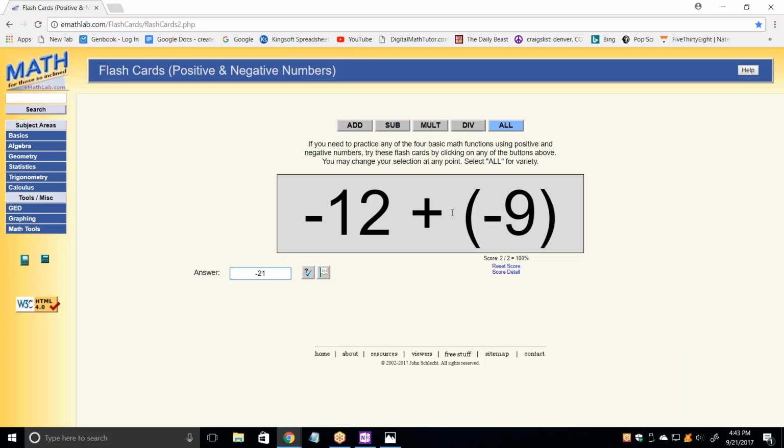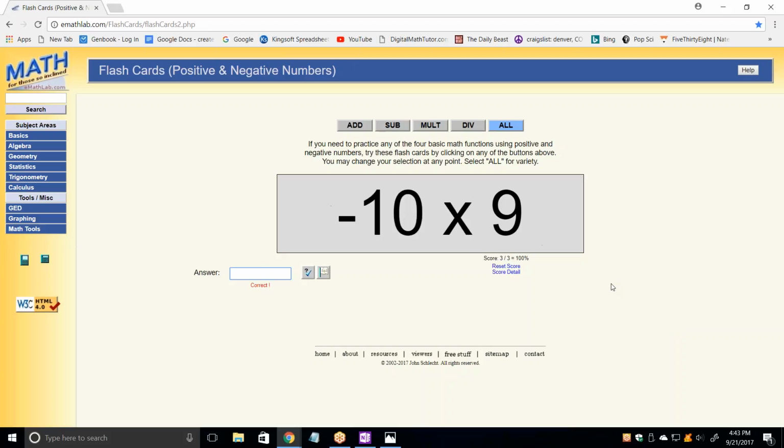And since they both have negative numbers in front of them, it's negative 21. Negative 90. This is the same as negative 9 plus negative 7. Okay, so negative 16. Yeah.